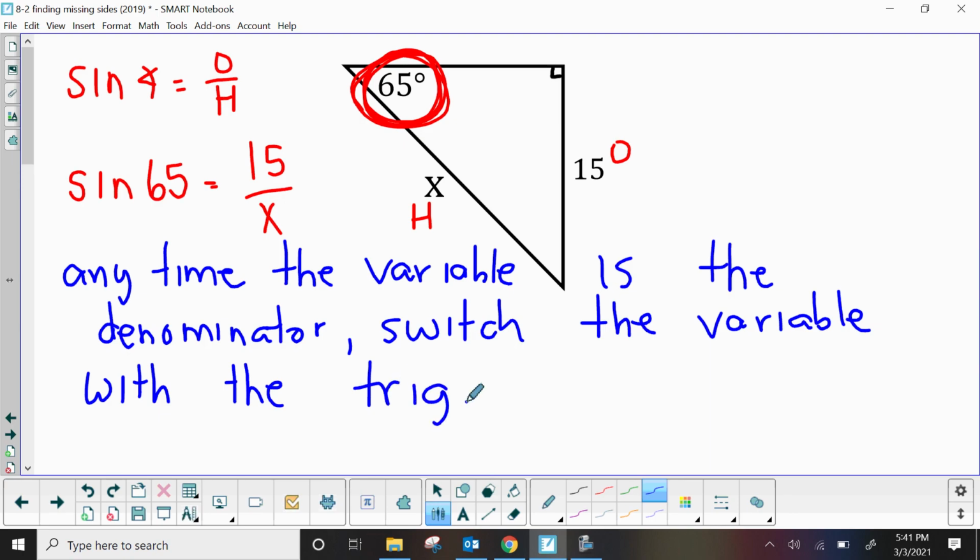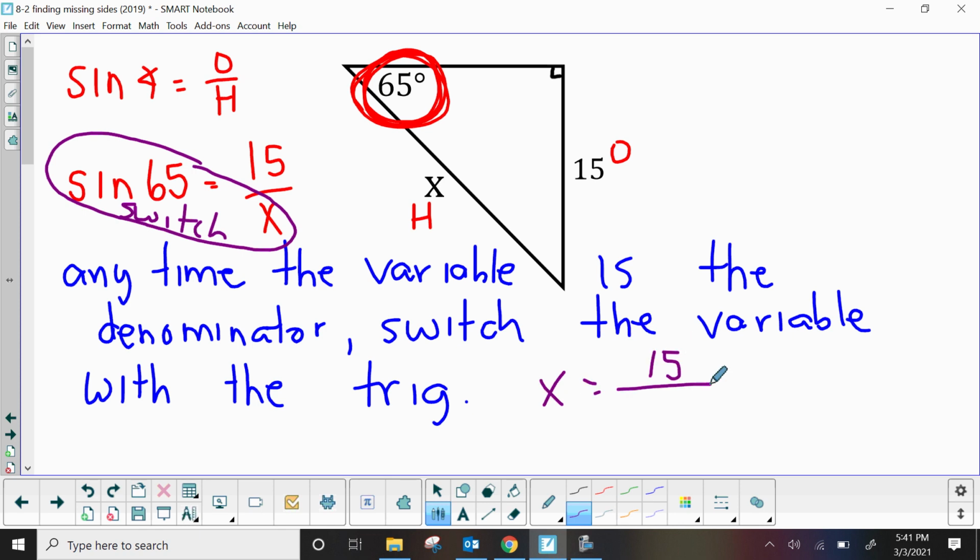So because x is the denominator, I'm going to switch these two. Switch them. So x is now 15 divided by sine of 65.